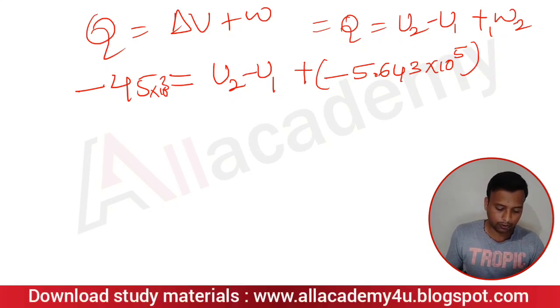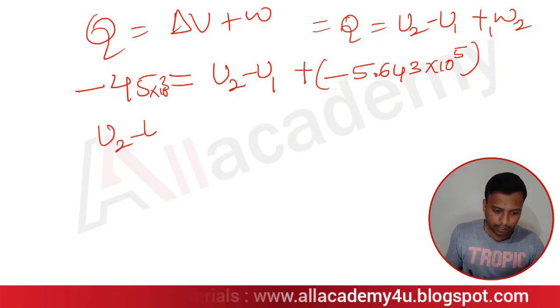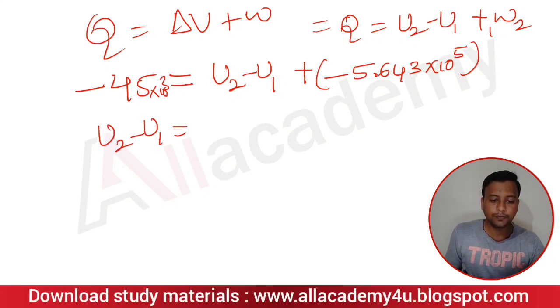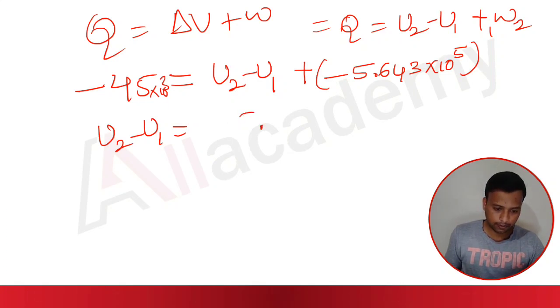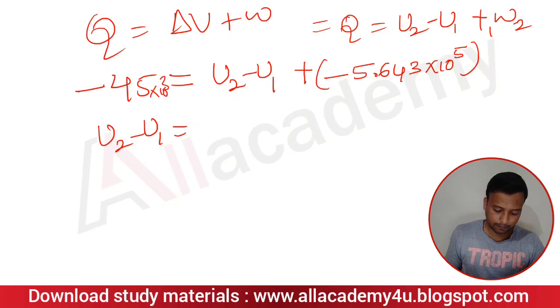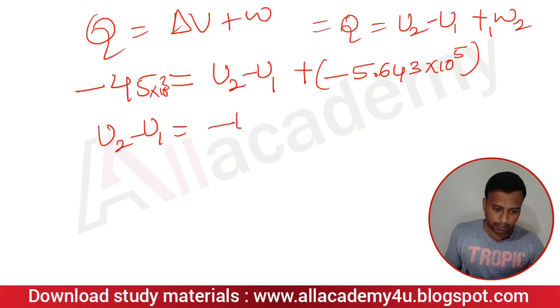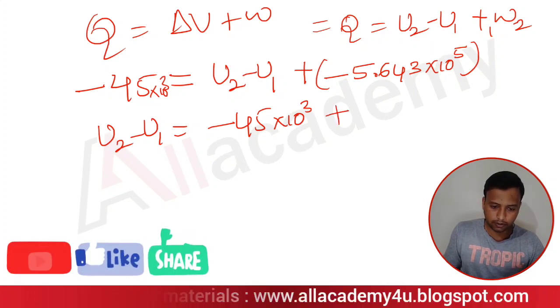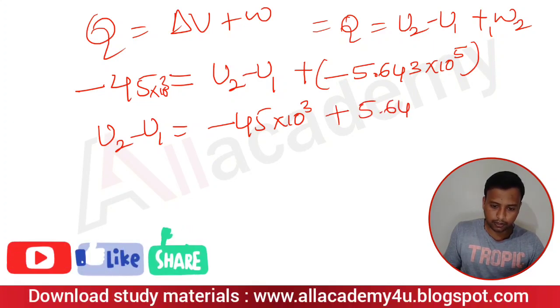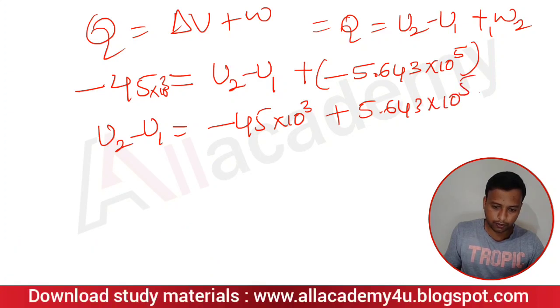So now U2 minus U1 will be equal to minus 45 into 10 raised to 3. If I shift this here, this becomes plus 5.643 into 10 raised to 5.